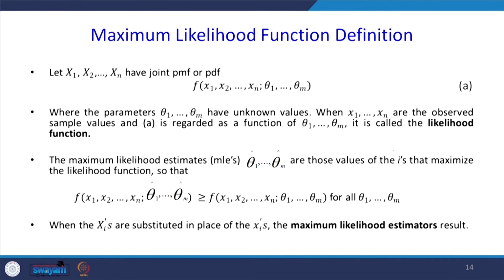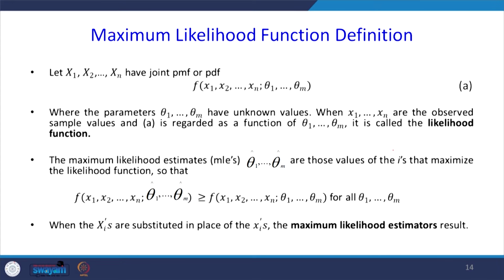Next we will define what is the maximum likelihood function. There are two terms, one is the likelihood function and the next one is the maximum likelihood function. First I will say what the likelihood function is, then we will go to the maximum likelihood function. Let X1, X2, up to Xn have a joint probability mass function or probability density function, call it f of x1, x2, up to xn colon theta 1, theta 2, up to theta m, where the parameters theta 1, theta 2, up to theta m have unknown values.